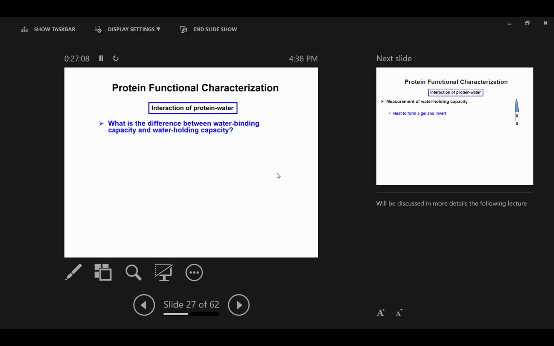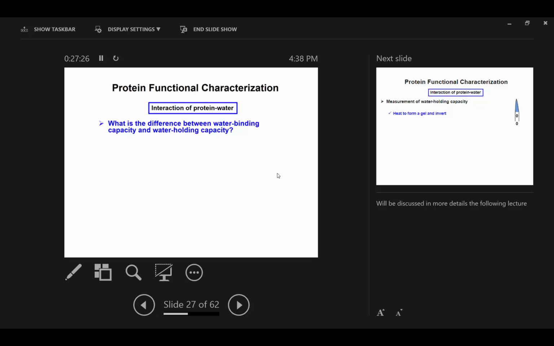Yes, entrapped in a protein network, I would say. So like a gel. When protein forms a network with water entrapped within the network, that represents the water held within that network. So it represents the water holding capacity of that network.